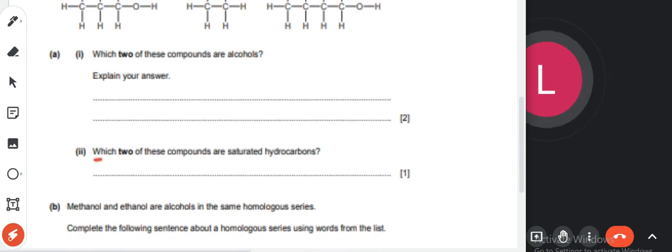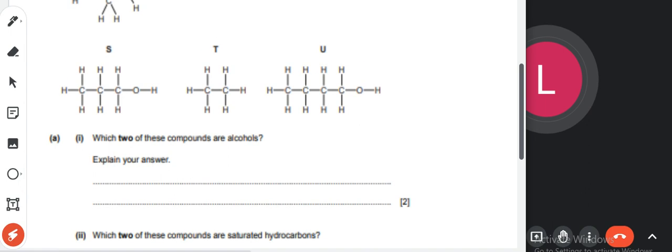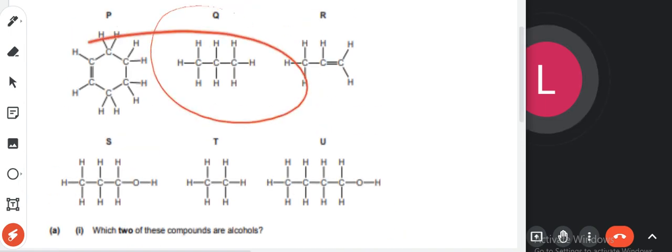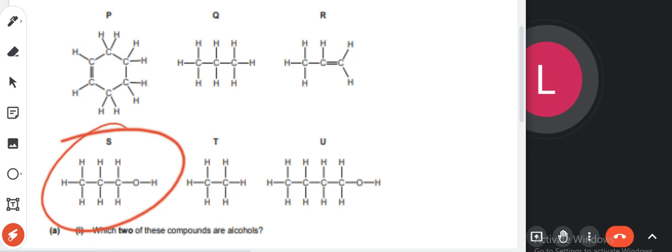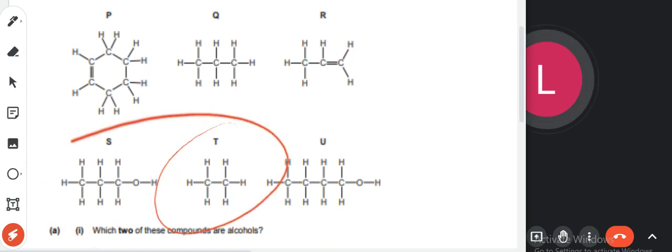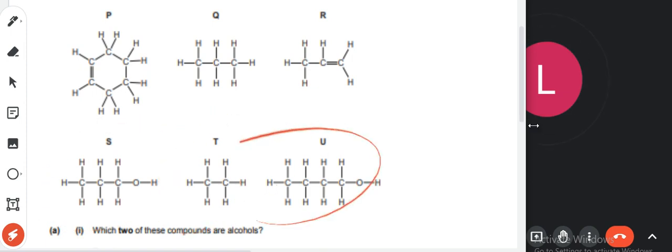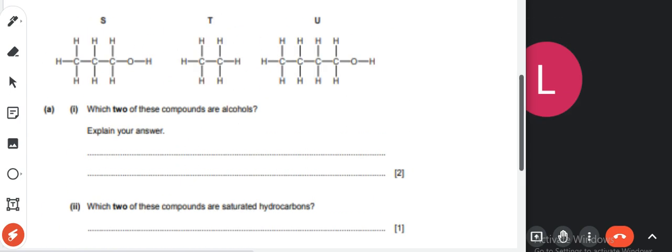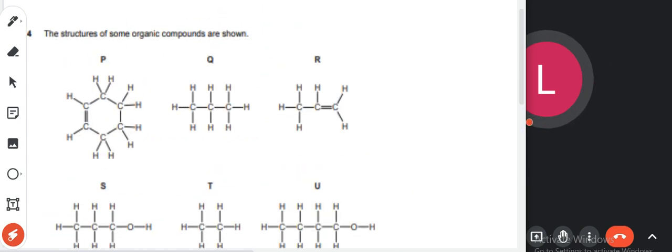Then which of these compounds are saturated hydrocarbons? Saturated means they have only carbon-carbon single bonds. So we can find Q, we can find S, we can find T, even U. They are all saturated. Hydrocarbon means it has to be a hydrocarbon. So Q is a hydrocarbon, so it's saturated.